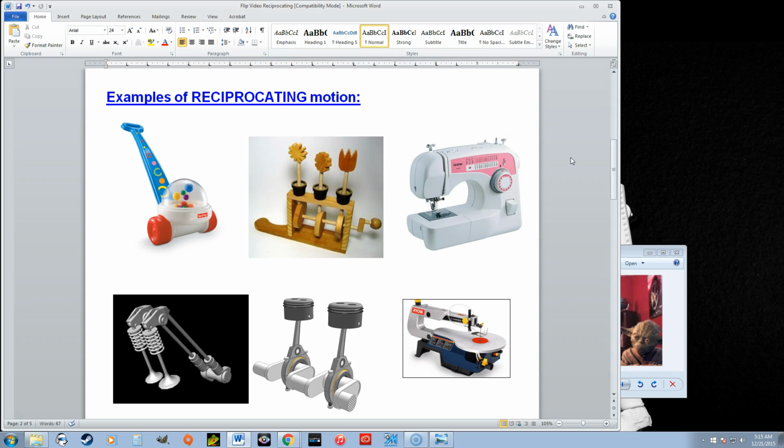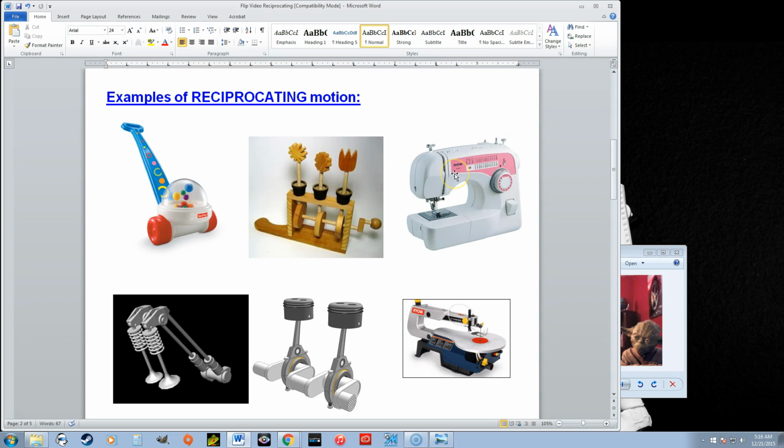Examples of reciprocating motion, here are some. With the popcorn pusher, the wheel spins one direction, and then the popper goes up and down. Many mechanical pull toys have reciprocating motion. For this one, crank the crank. Then these spin, and that pushes the flowers up and down repeatedly.